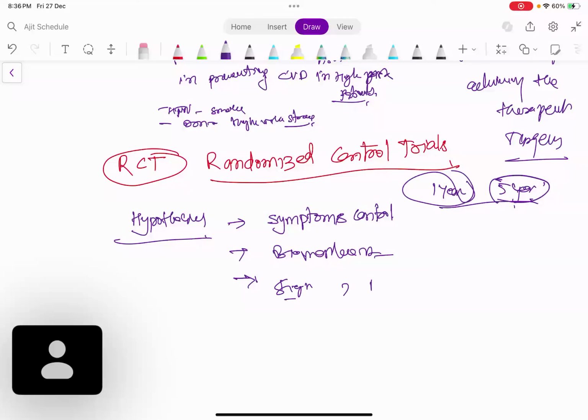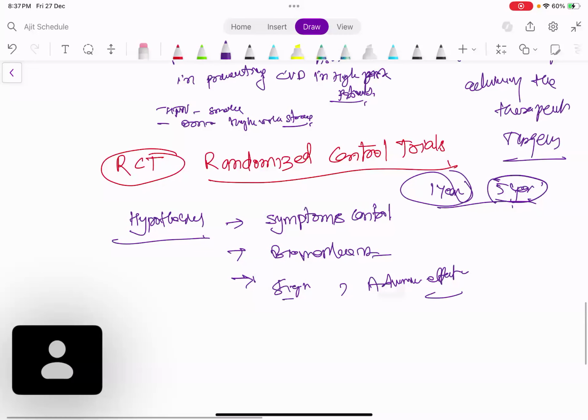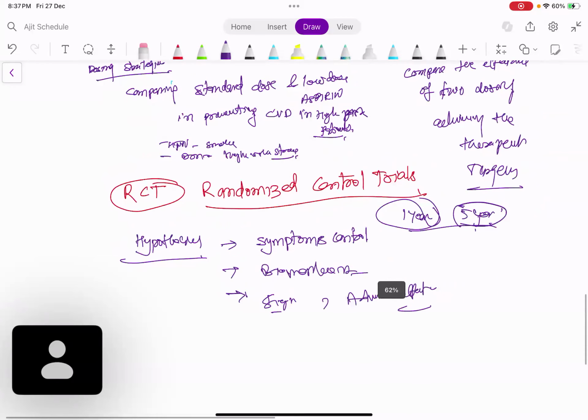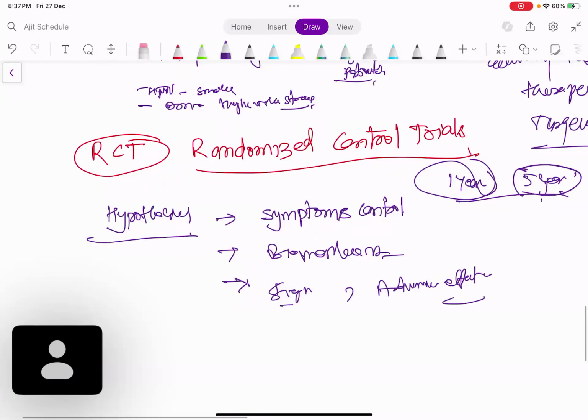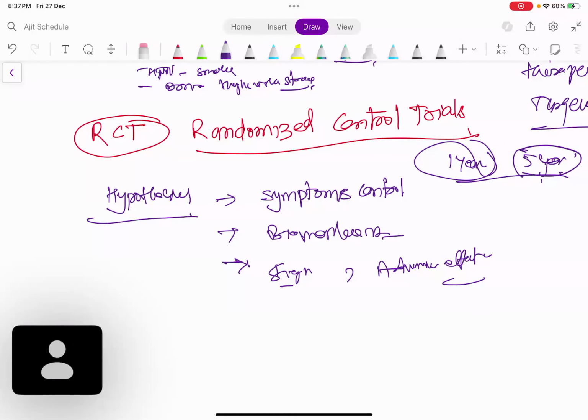You can check for adverse effects of the drug and risk factors towards the condition, like cardiovascular disease. Here you can follow the patient groups for the upcoming 1 year or 5 years, whatever duration you take.